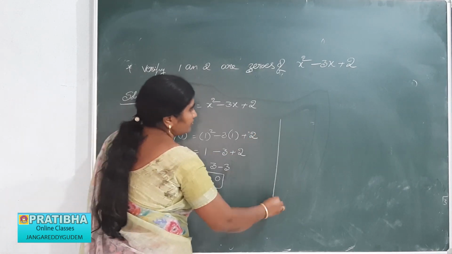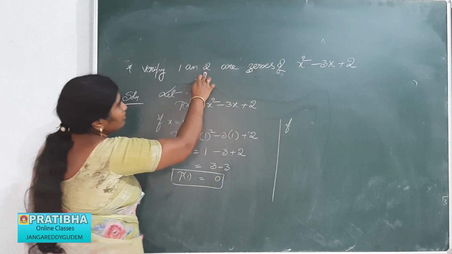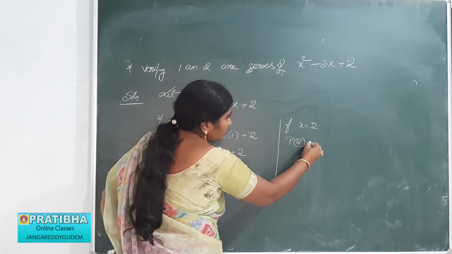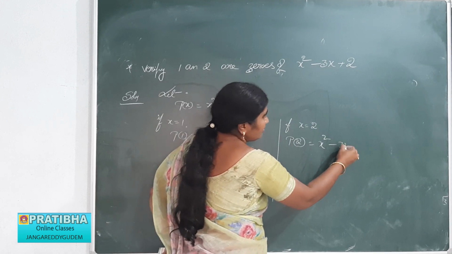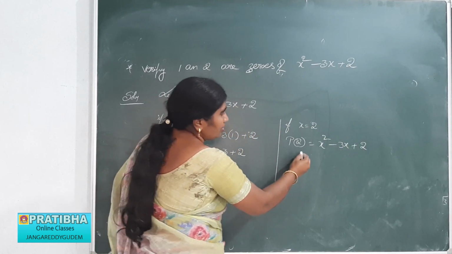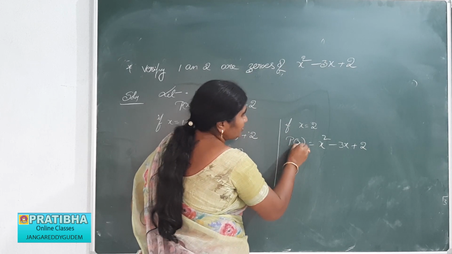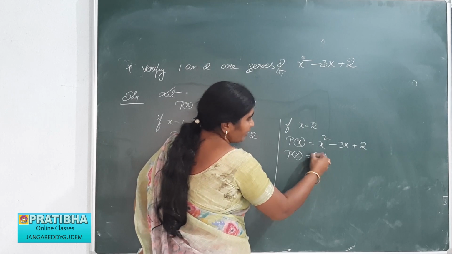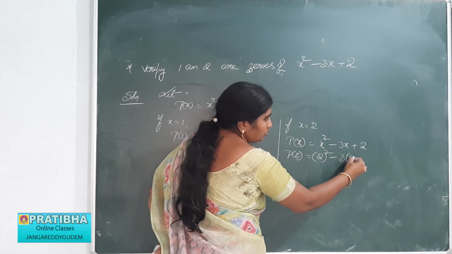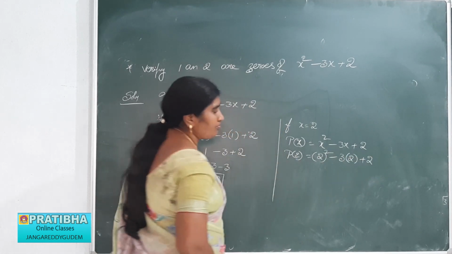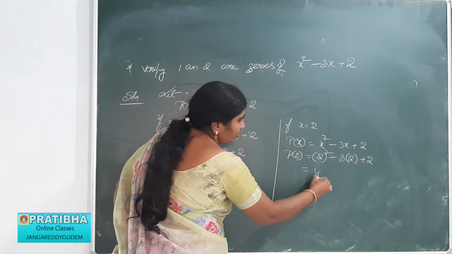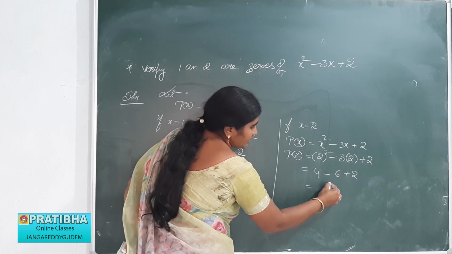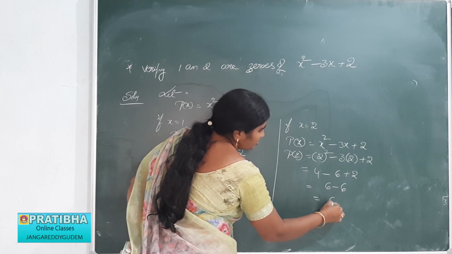Next, if x equal to 2, p of x equal to x square minus 3x plus 2, then p of 2 equal to 2 square minus 3 into 2 plus 2. 2 square equal to 4, minus 6 plus 2. 4 plus 2 equal to 6. 6 minus 6 equal to 0.